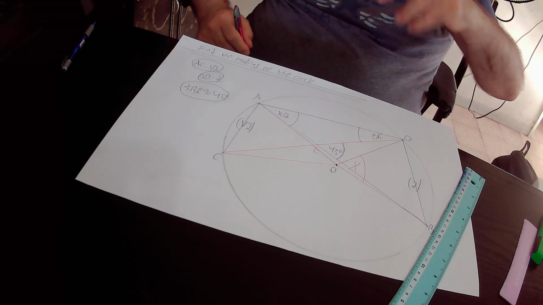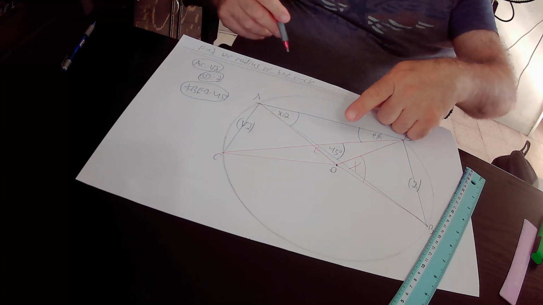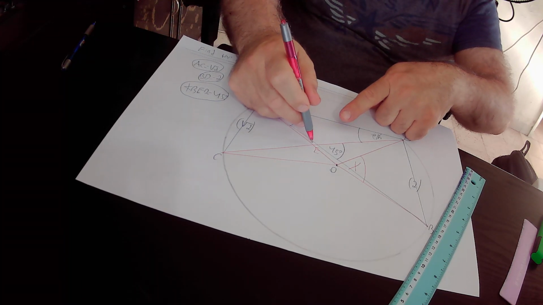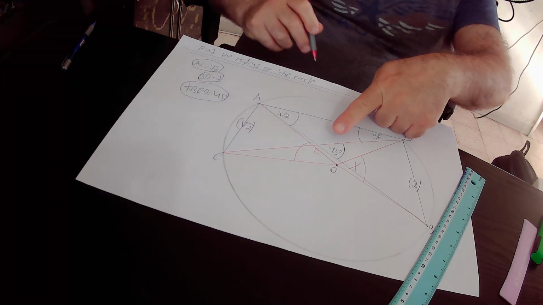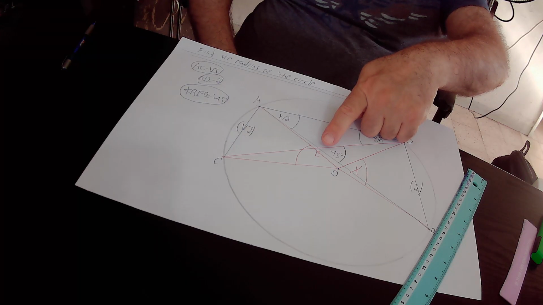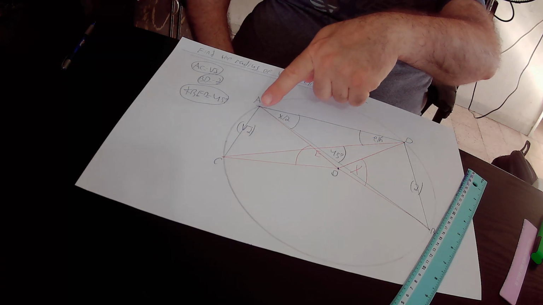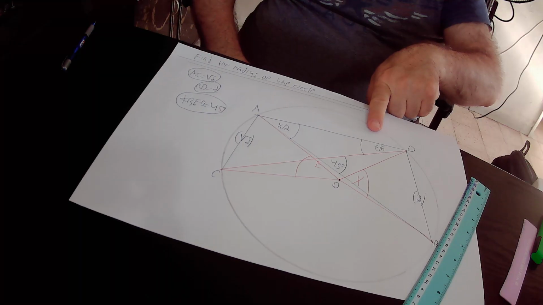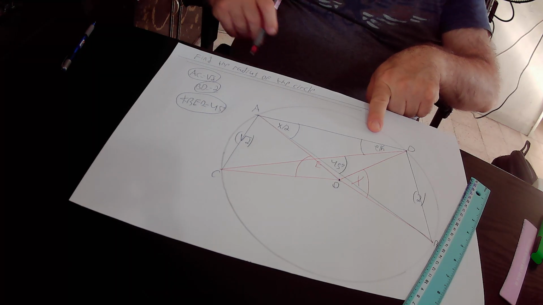By doing this construction, we create in there central angle AOC. This is central angle AOC, and this central angle AOC is also subtended on the same chord called AC, exactly like this peripheral angle ADC.